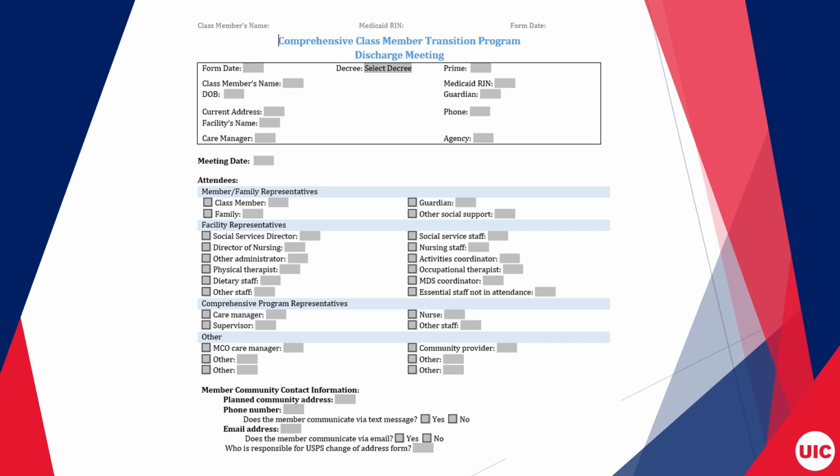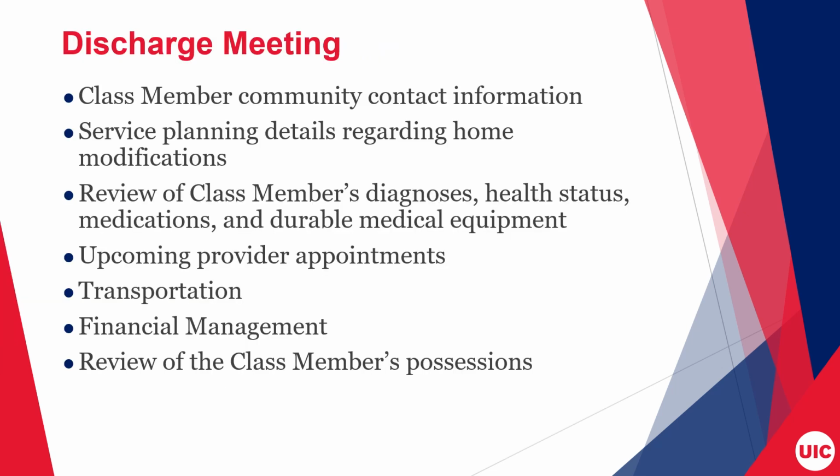Let's briefly discuss the key elements on the discharge meeting guide. The Discharge Meeting Guide clinical document includes community contact information to verify that the facility understands where the member is moving to and the planned discharge date.